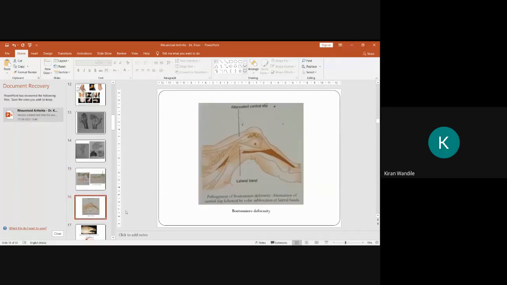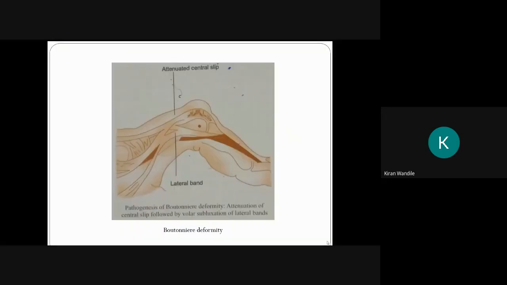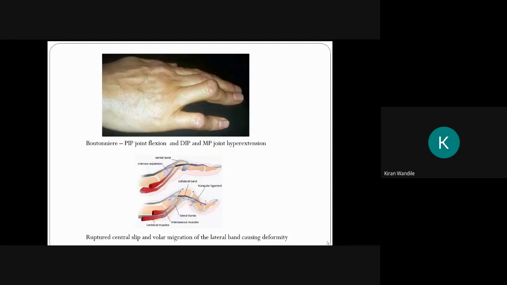That is swan neck deformity, and the reverse of this is boutonniere deformity. What happens in boutonniere deformity? There is a classical central slip rupture, attenuation of the central slip. So what happens when there is a rupture of the central slip? See, this is a boutonniere deformity.